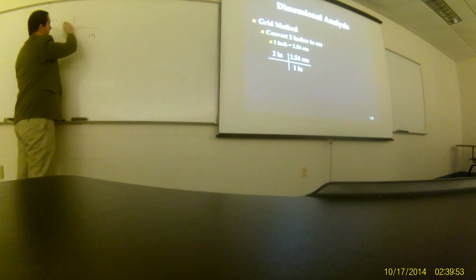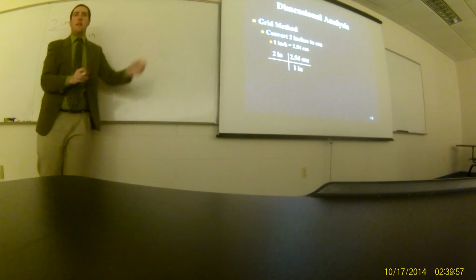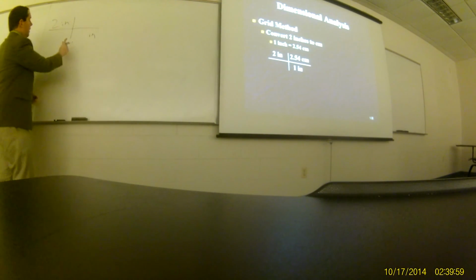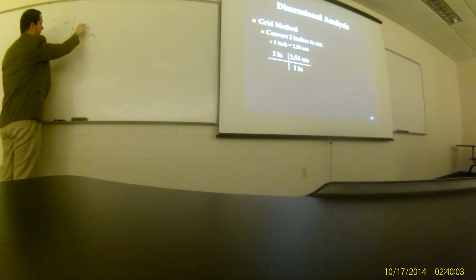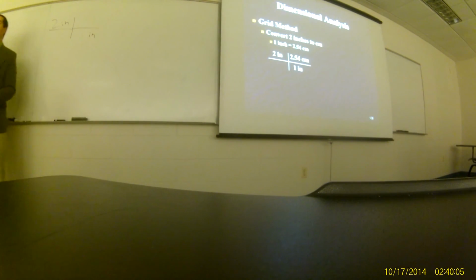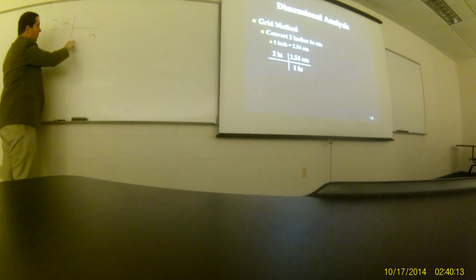So this is a one-step conversion. Every set of boxes you go is one step. When you put a number on top of another number like this, they have to be equal to each other. That is a conversion factor. These two things have to be equal.